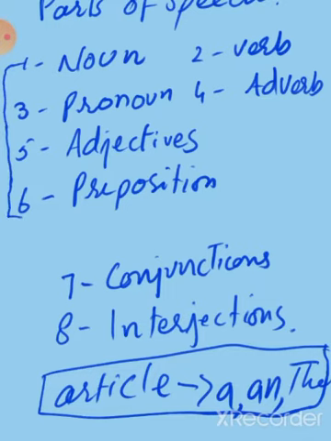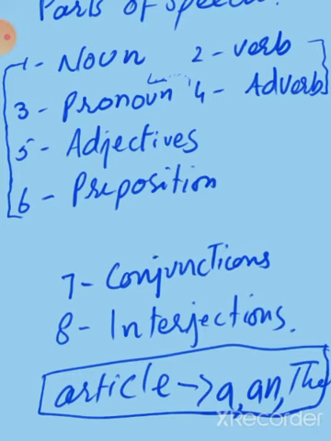This is the larger family. Then verb and adverb come almost into the same category. Sometimes adverb wants to enjoy and it joins the noun's family just for enjoyment, right? But basically adverb is concerned with the verbs. Then there are conjunctions and interjections.